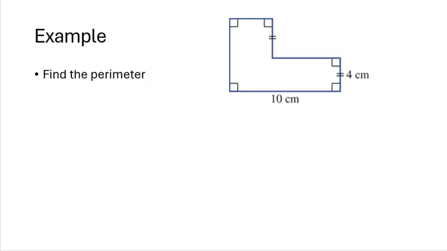So let's go through this example here. Find the perimeter of this shape. I have 4 centimeters here with this double line dashing. That means this is also 4 centimeters. Now, perimeter is just the distance around the whole thing. So you have 10 plus 4 plus 4, but you don't know what these side lengths are. These are all question marked for now. For this left question mark, it's quite easy to tell because we have 4 centimeters from the bottom and 4 centimeters from the top.